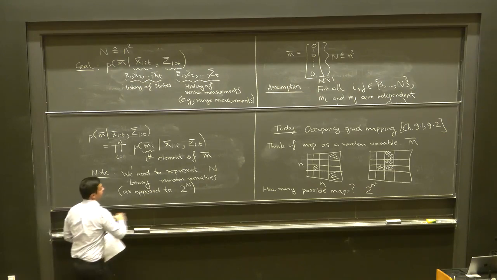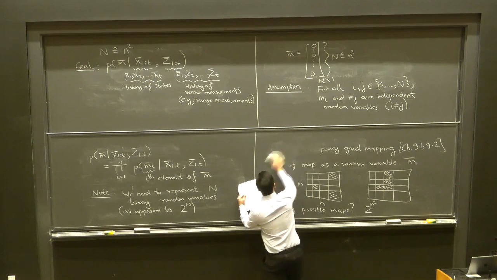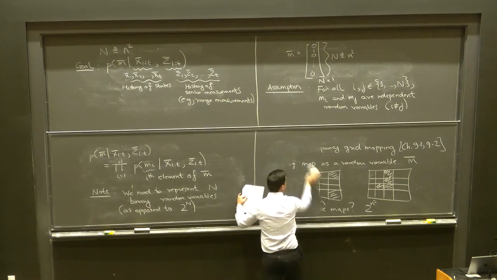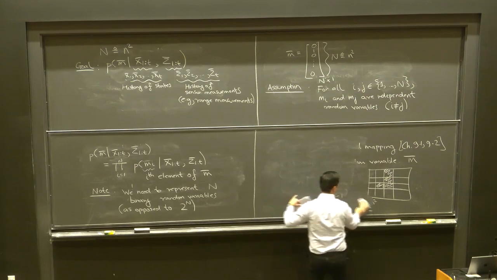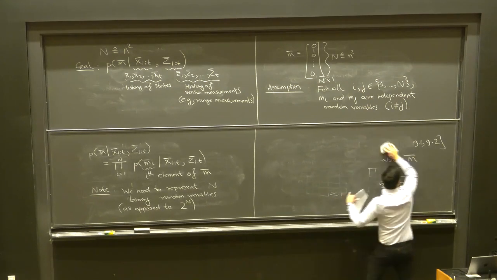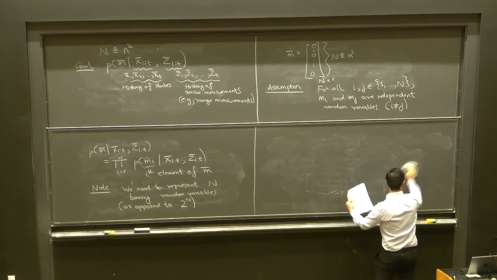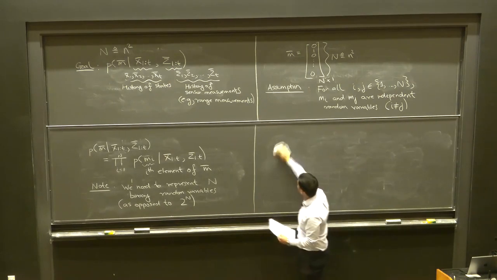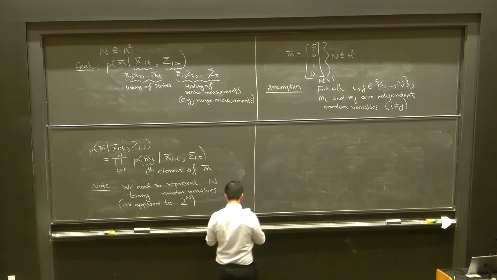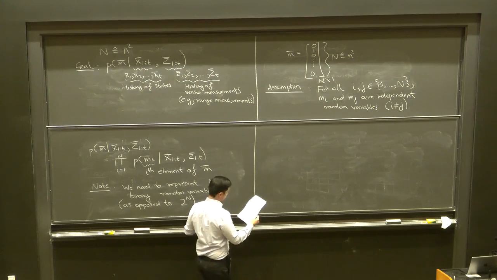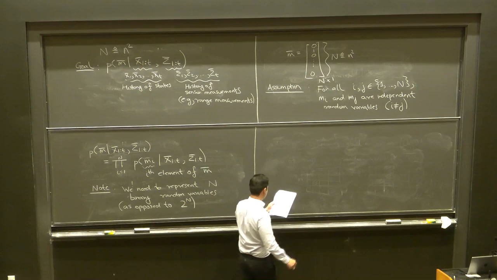Okay, so how do we actually do this? So this update of the robot's distribution over maps. Actually, there's going to be one more assumption.